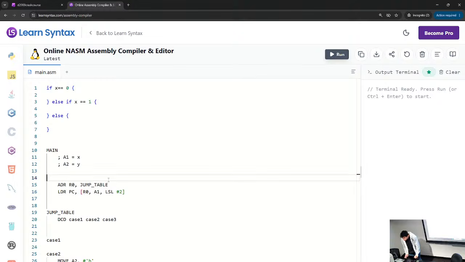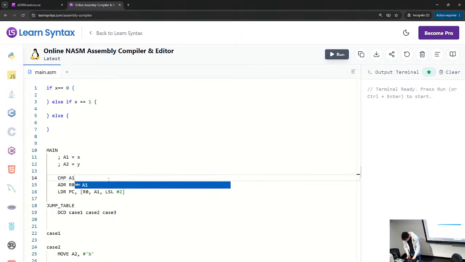And there's also one more edge case that we need to think about, which is your else statement. So we know that x goes from 0 to 2. So what we can do is a simple compare.